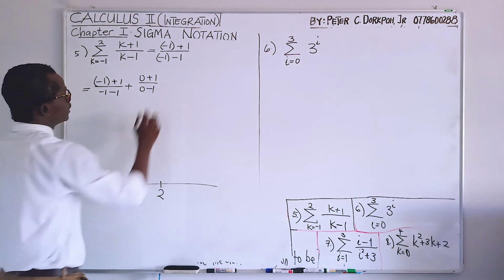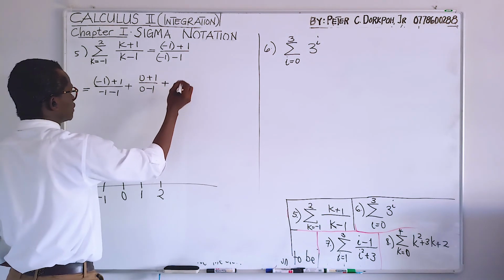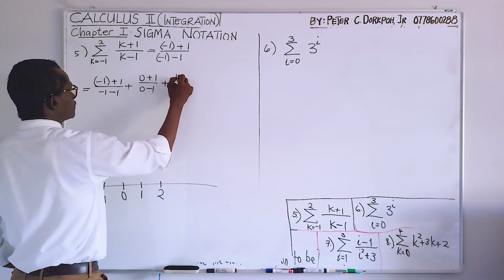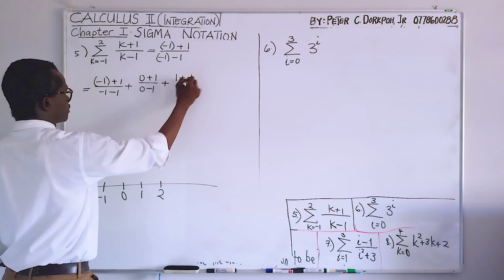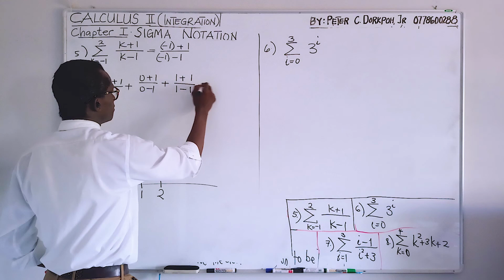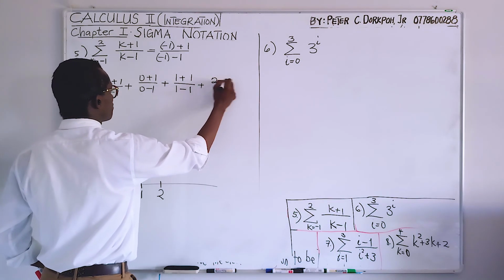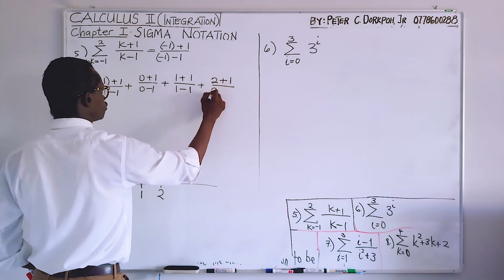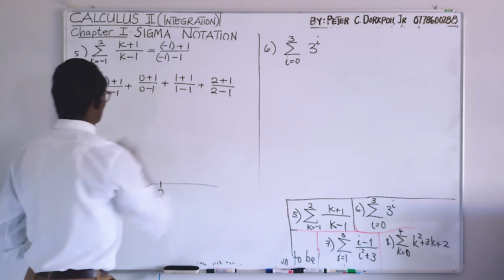You move to 1. You have plus 1 plus 1 all over 1 minus 1. The next one you go to 2: plus 2 plus 1 all over 2 minus 1.